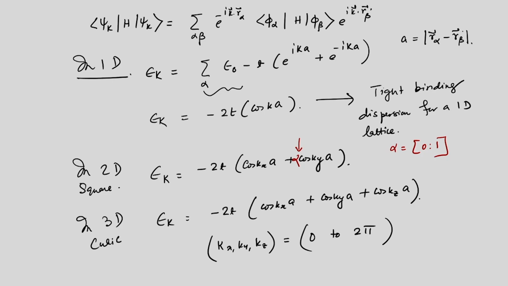If you draw the bands between minus pi and plus pi, or 0 to 2 pi, then the bands will be deformed. The standard way of doing this is that you take kx and ky, and you calculate this quantity, which is minus 2t cosine kx a plus cosine ky a, and then plot that in the z direction.